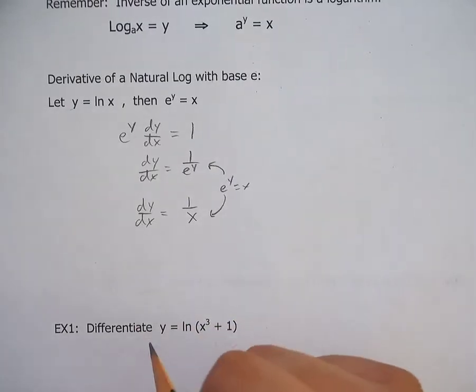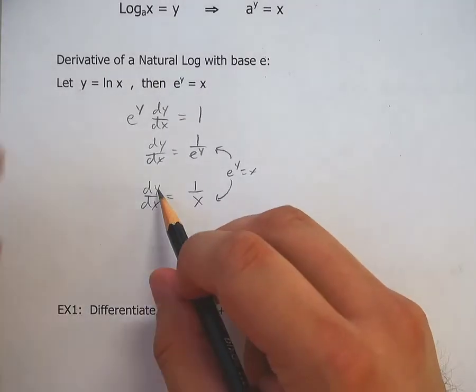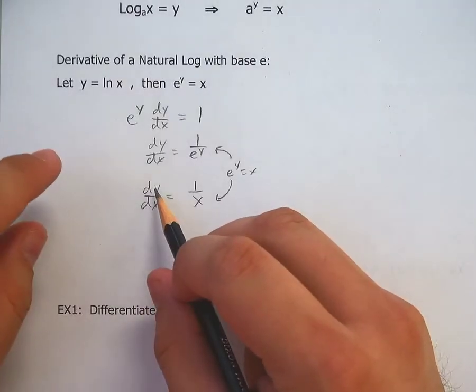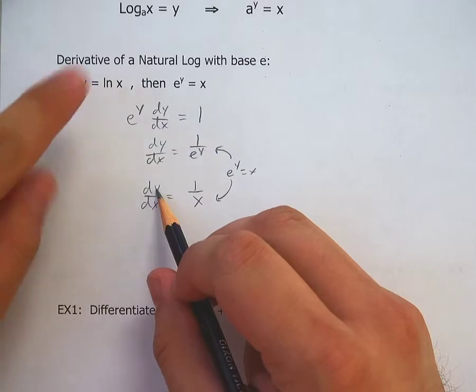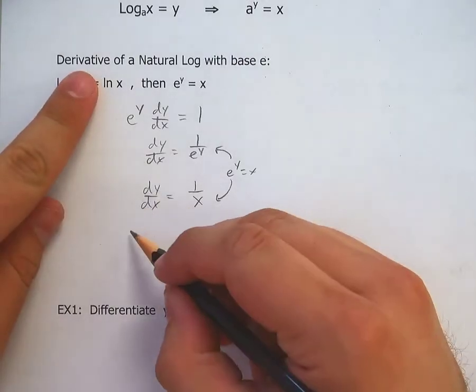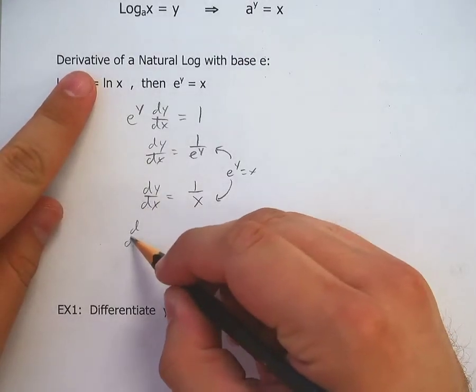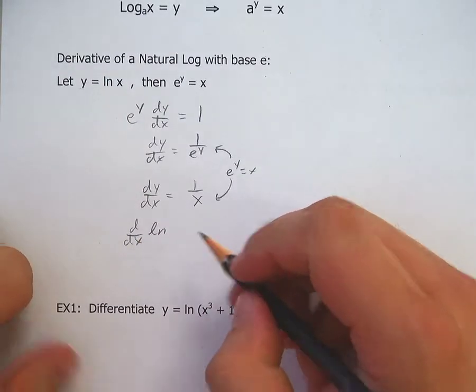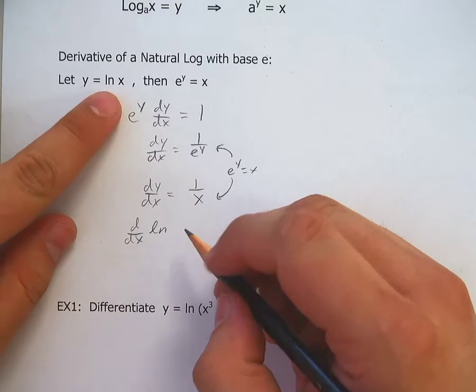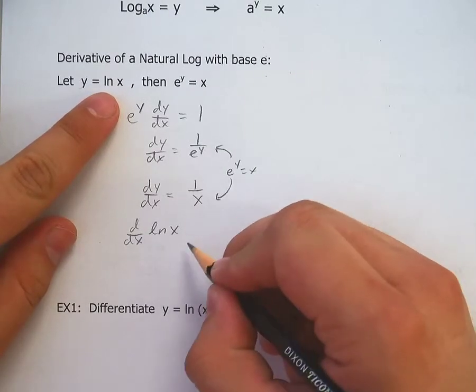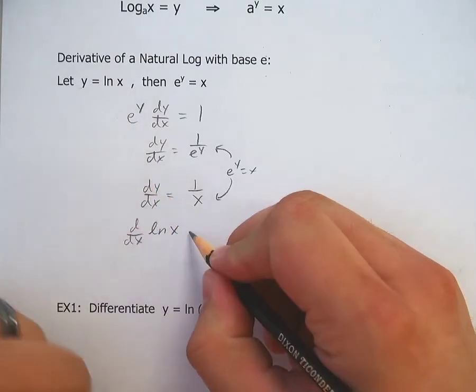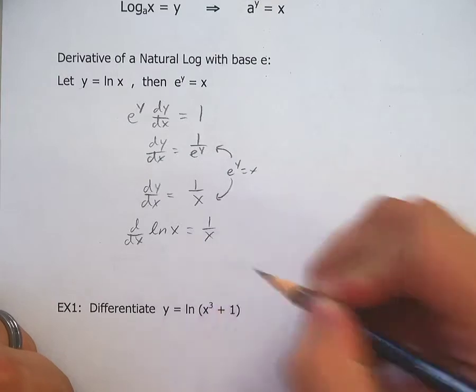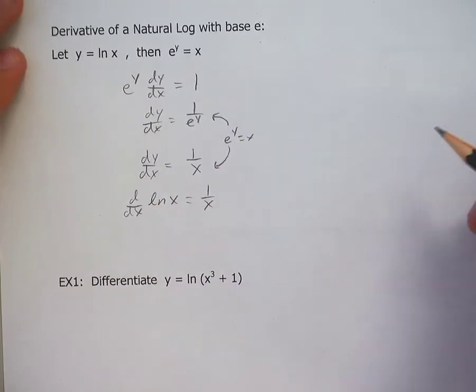So if that's the case, we could also say that y is the ln of x. So the derivative with respect to x of the natural log of x, if I plug the natural log in for y, is 1 over x. So that's how we come up with the format.